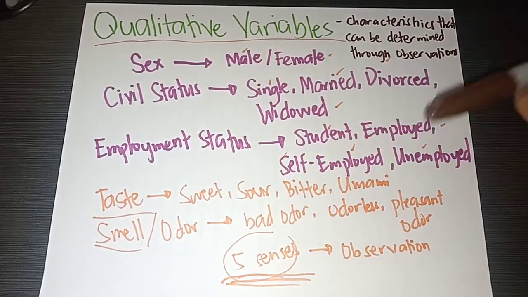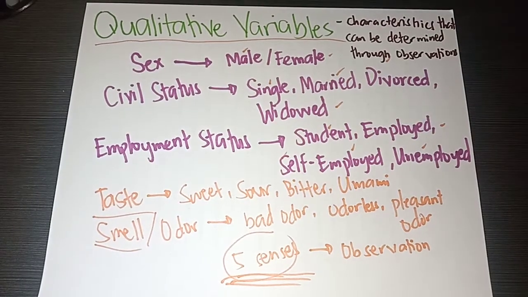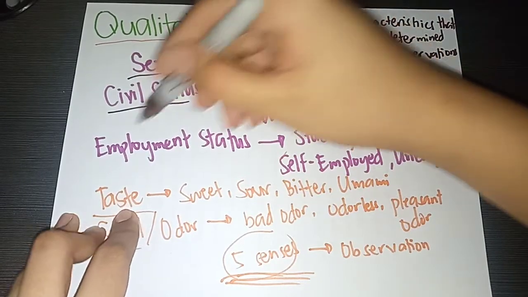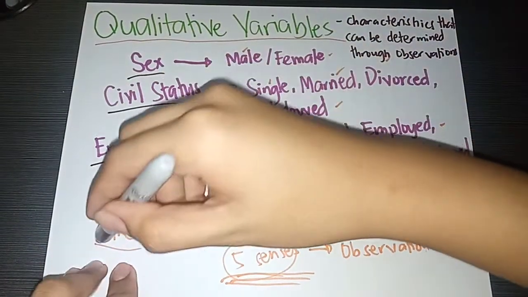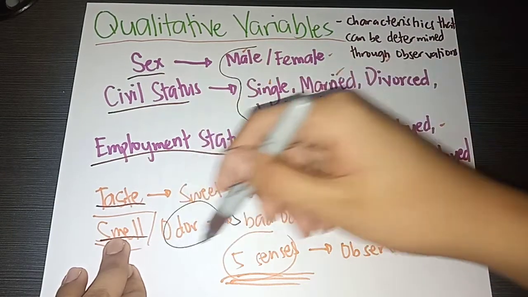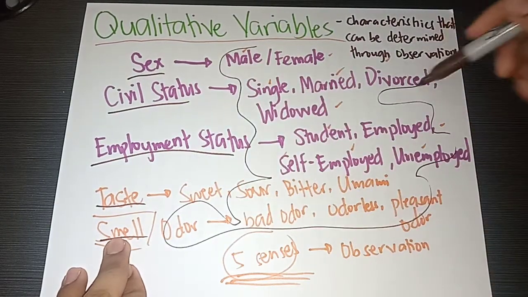Next, another thing. When identifying qualitative variables, what did you notice with its data or possible values? How are they expressed?